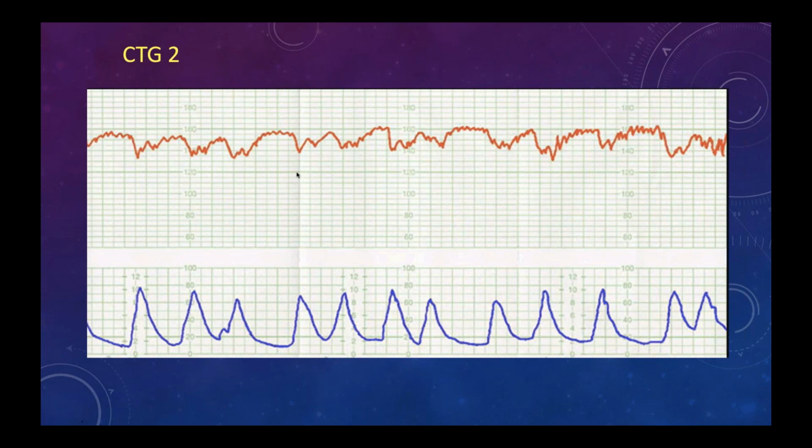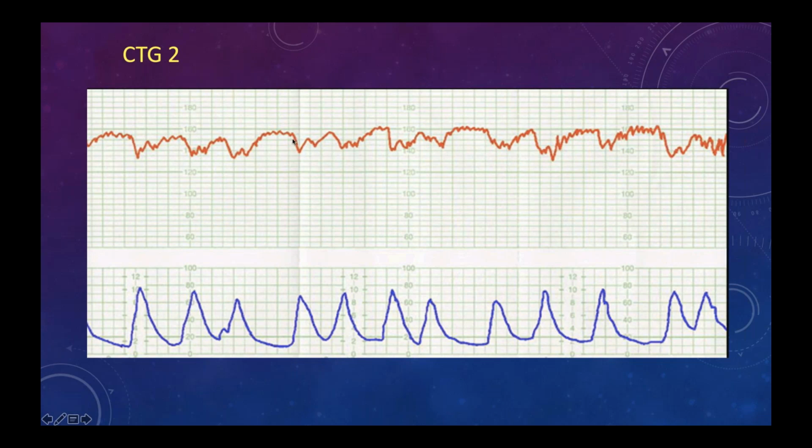Baseline fetal heart rate 160 is there, but 160 is normal. So we have got only one feature. Baseline variability: if you take from here, it will be more than 5.